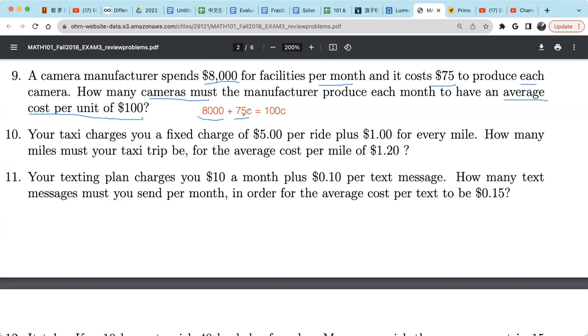So this is one way to calculate the cost of making many cameras. On the other side, to have an average cost per unit of 100 means whatever the cost is being averaged out to each camera. So if we produce C cameras, it would be 100 times C. So that's the equation we need to make.